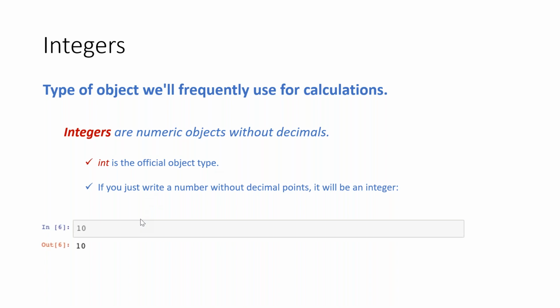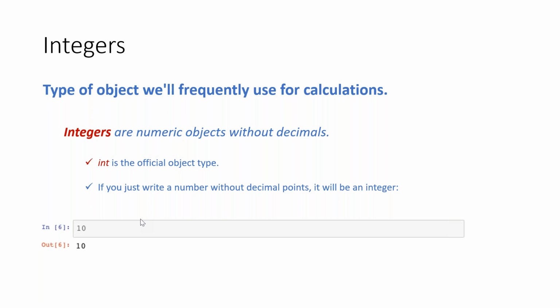Let us say you typed 10. Anyway, you type 10, it will return 10. But when you type 10, Python already knows somebody has given me an object of numeric type integer, because there is no decimal number.